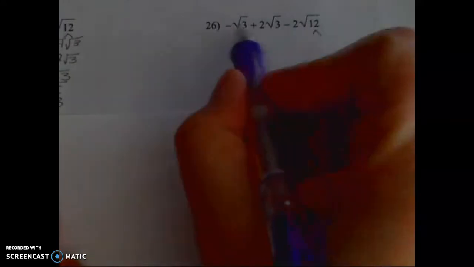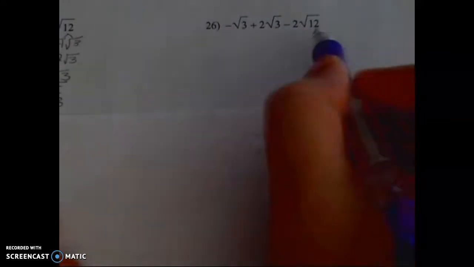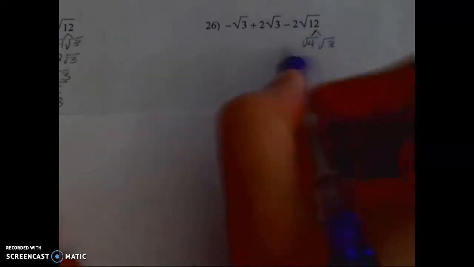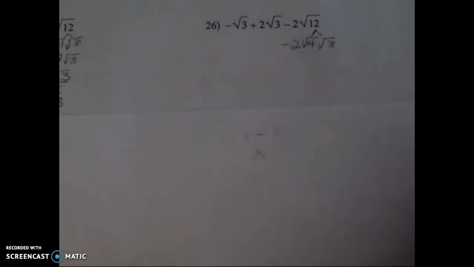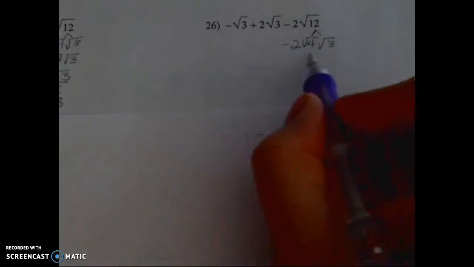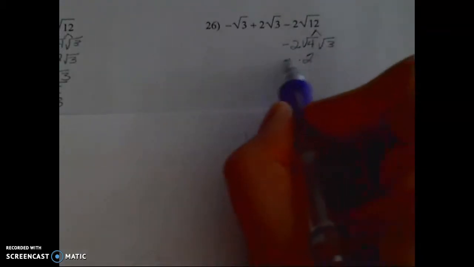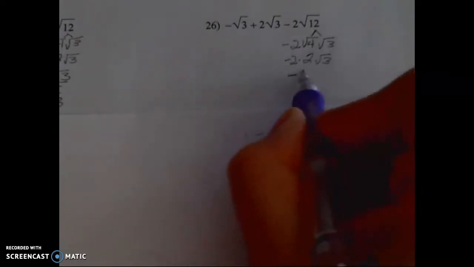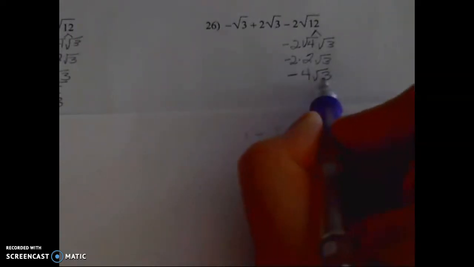Let's do 26. I'm going to erase this so I don't confuse you. Root 3 and root 3 look pretty good, but that root 12 can be simplified. The square root of 4 is 2. 2 times negative 2 is negative 4 root 3.